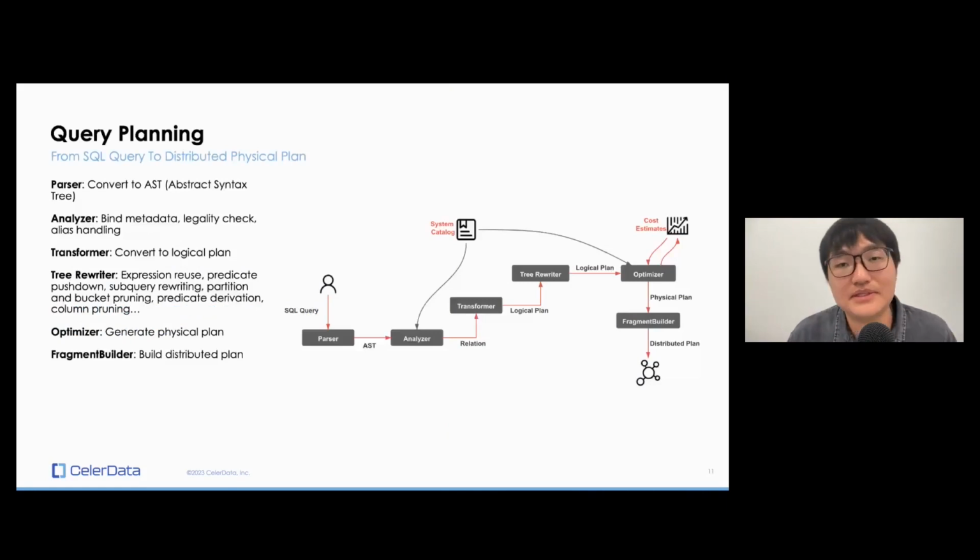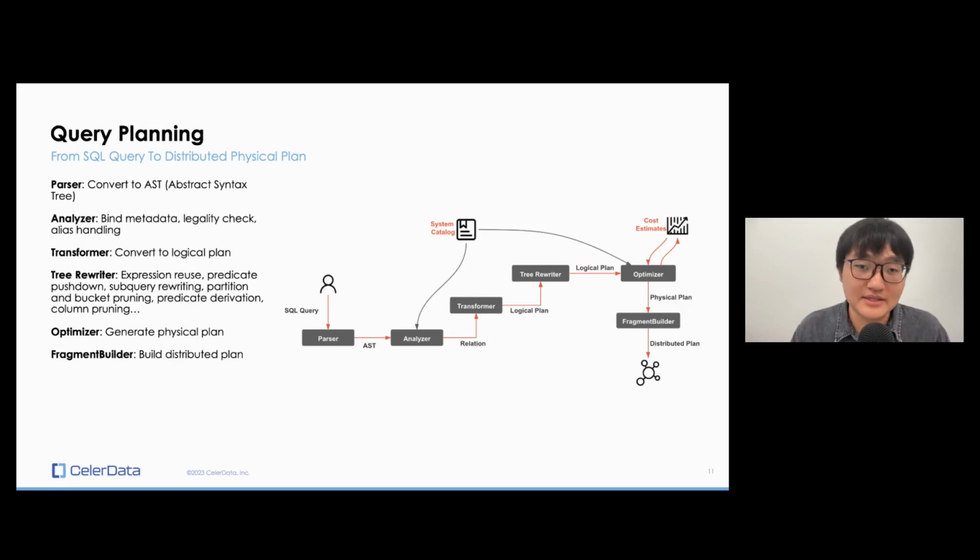And let's take a deeper look into query planning. This is a higher level flow chart of how a query is planned in StarRocks. And this is actually pretty generic too. A lot of the other databases work like this as well, right? And yeah, so your SQL query hits a parser, and that's converted to an abstract syntax tree, right?